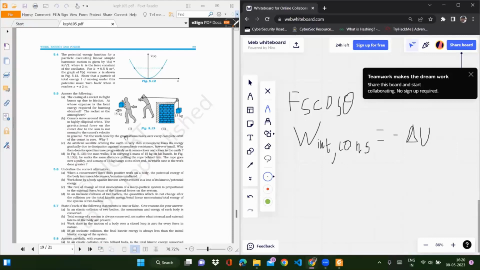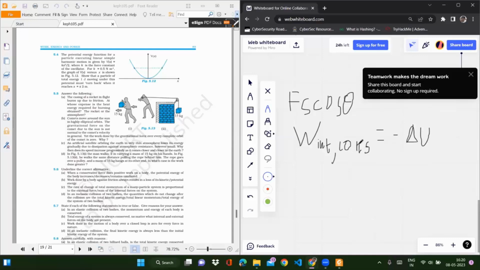But now in this case, we see that there is one complete orbit. And in that orbit, the gravitational potential energy will not change when it comes to the same point after orbiting. It will be at the same distance from the sun, so there will be no change in potential energy, and so no work done by the conservative force.